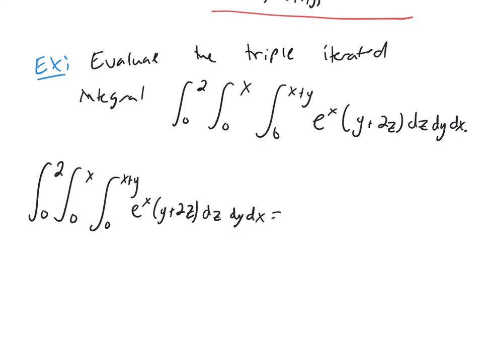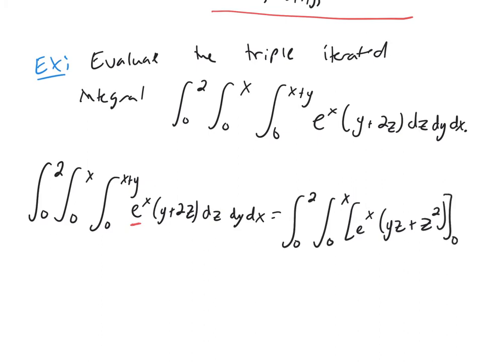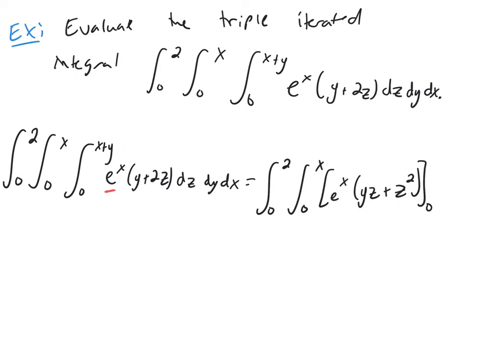Now this e to the x, there's no z there, so that's constant. So this is the integral from 0 to 2, 0 to x, and then we get e to the x. The integral of y will be yz. The integral of 2z is z squared from 0 to x plus y, dy dx.